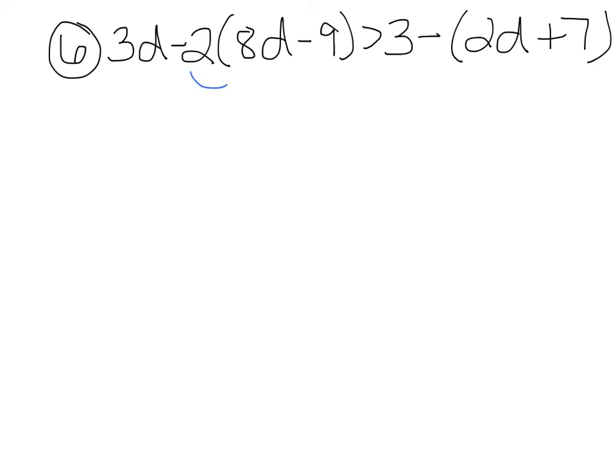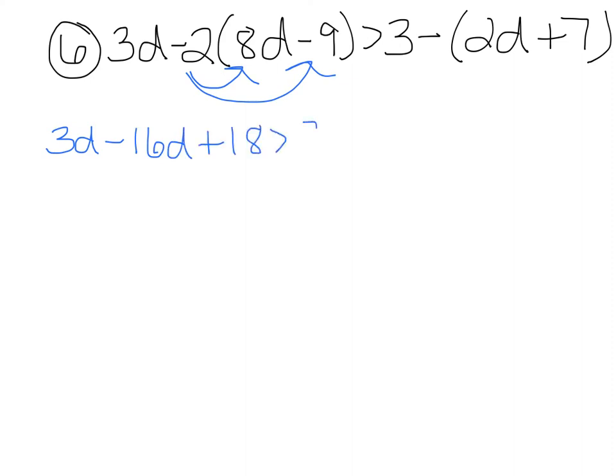I'm going to first distribute the negative 2 to everything inside, and that's going to give me negative 16d plus 18 is greater than 3. This is like a negative 1 on the outside that we're distributing to everything inside. That's going to give me negative 2d minus 7.